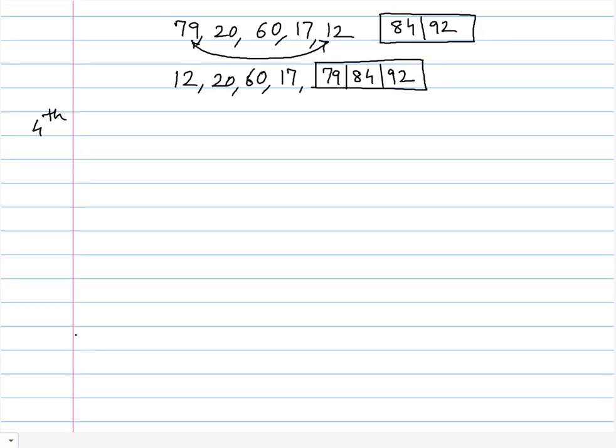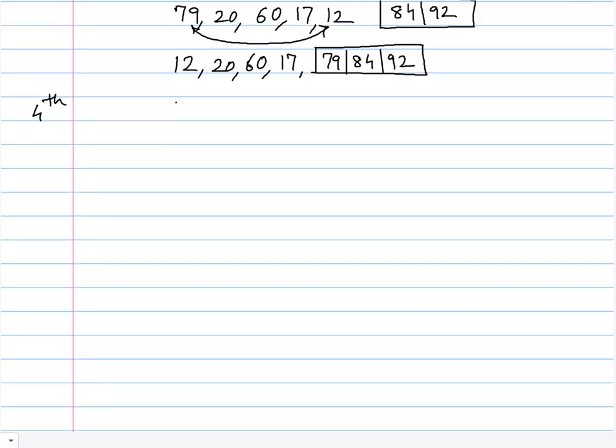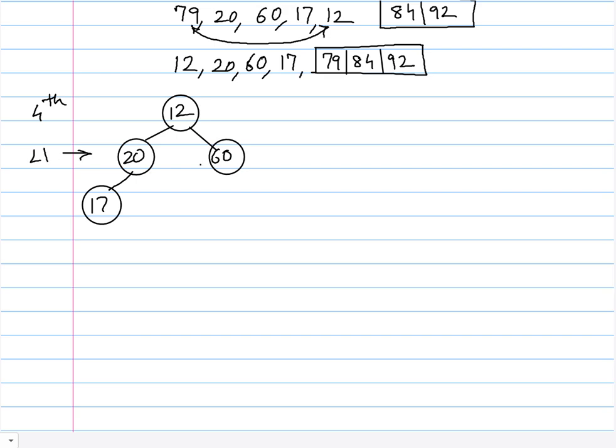We'll reconstruct the heap. So at the root you're going to have 12, to the left 20, to the right 60, and the last node, that is 17. So we'll check at level 1. At level 1 we are having two values, 60 and 20.